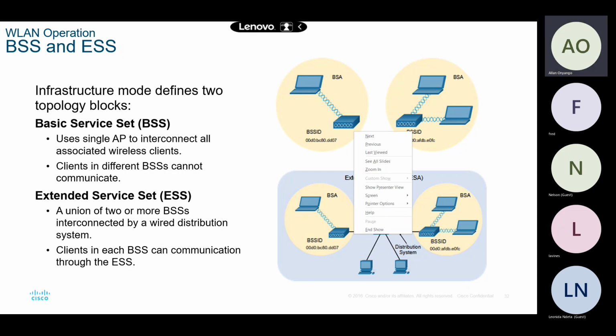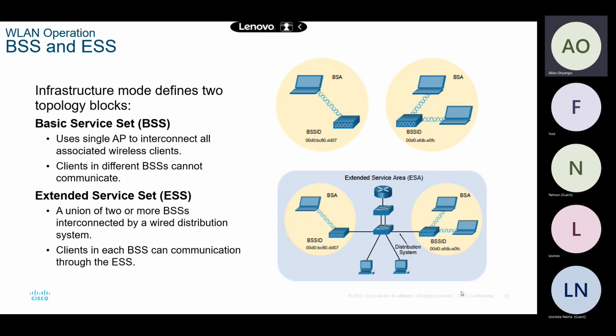This is a situation whereby we have just a single access point to connect all the clients. We have one access point which is connecting all the wireless clients. And even if there are different access points within the same area, they work independently and they cannot communicate with each other.